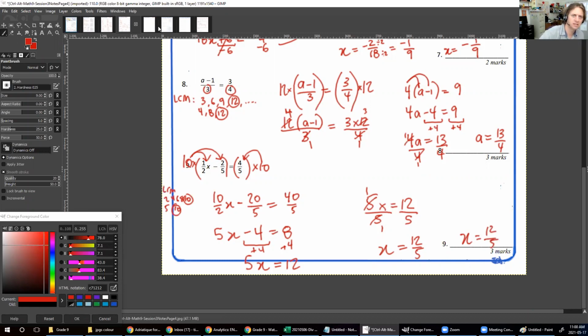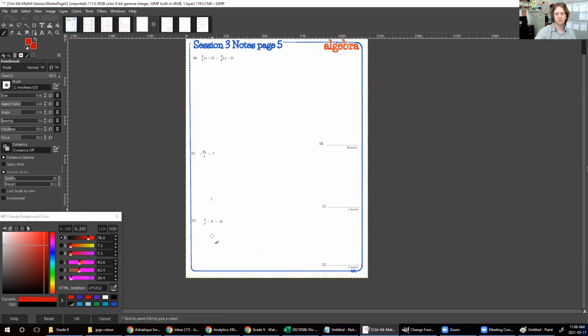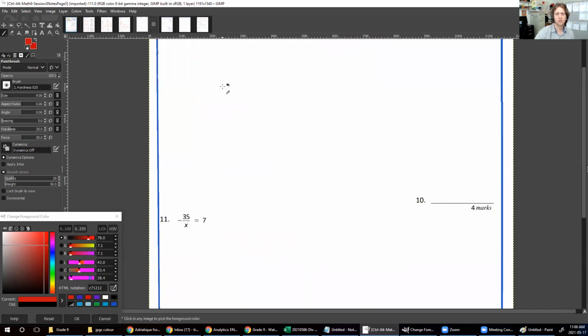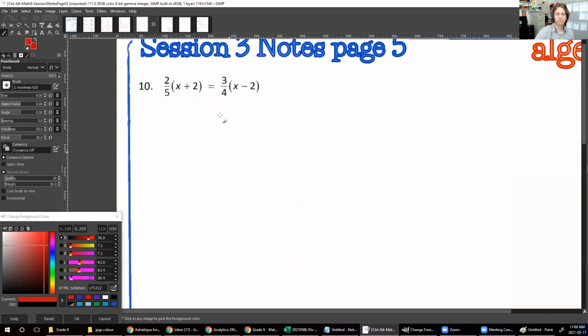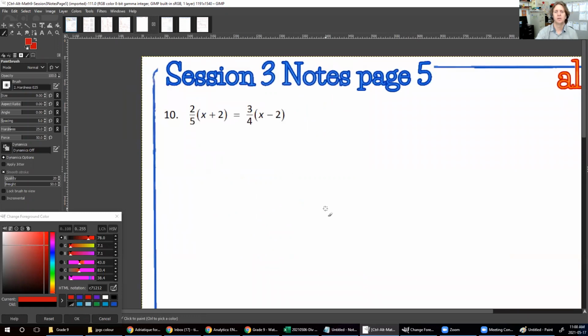Okay, home stretch, you guys. And it's a really quick one because these ones go fast. There are a number of different ways you can do this. You can multiply 2/5 into each of these. I'm going to do it slightly differently. I'm going to look for the LCM right now.